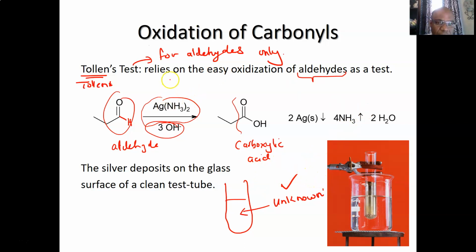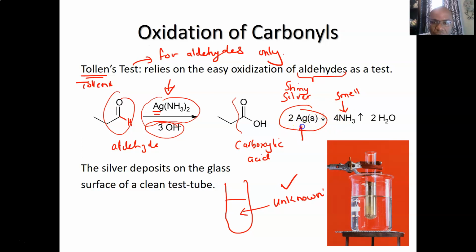As this reagent reacts with the aldehyde carbonyl, it loses the silver. And all of us know the color of silver, right? It's shiny, it has a shiny luster. There's also going to be a smell of ammonia, a pungent smell, like fermenting urine, if that's the best description.